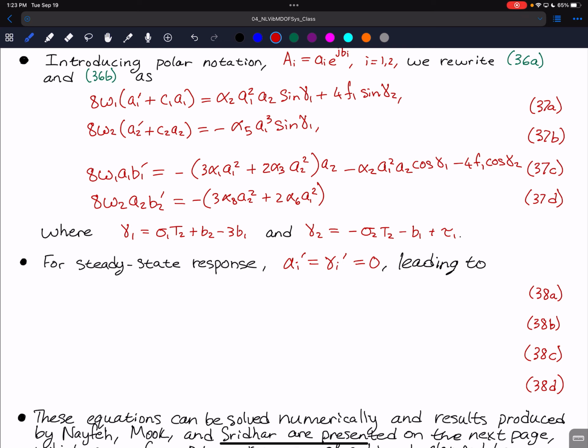All of that multiplied by A2. And then also one more correction on 37C. This term that I just circled with the laser, that should be A1, not A2. Again, that term right there should be A1.